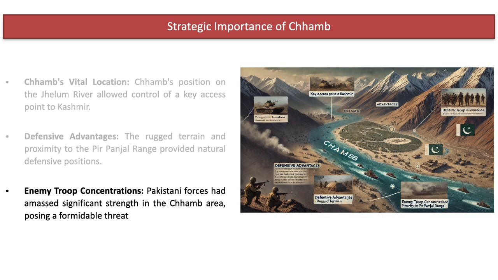They knew that controlling this area could potentially give them an upper hand in the broader fight for Kashmir. So they didn't just send a few troops, they amassed a significant force, heavily fortifying their positions and preparing for a prolonged engagement. These troops were not positioned randomly, they were strategically placed to maximize the natural defensive advantage of the rugged terrain and proximity to the Jhelum River.